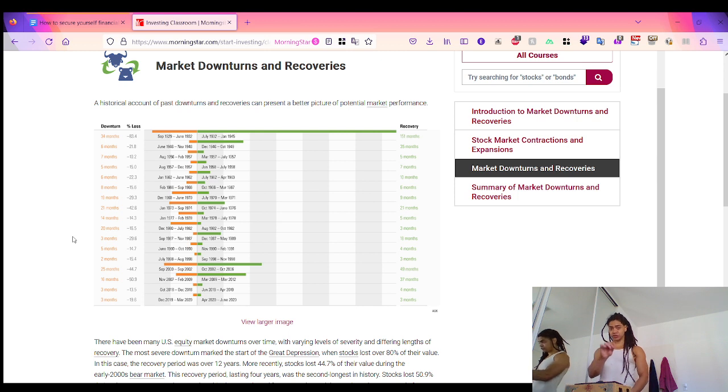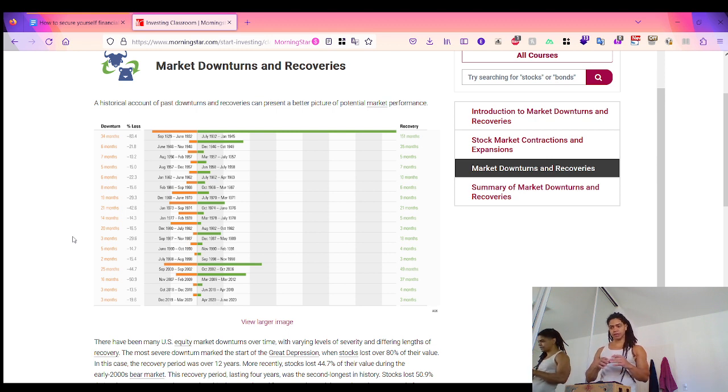The most severe one took 12 years to recover. It was at the beginning of the Great Depression, when the stock market lost over 80% of its value, 83.4% of its value.